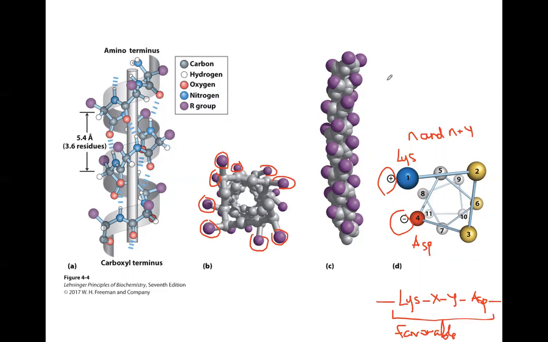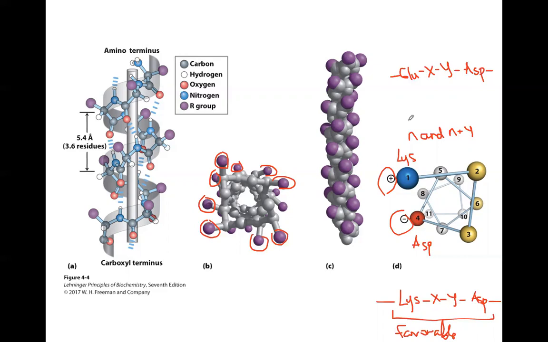Now, what about something like this? Glutamate, X, Y, aspartate. Will this contribute to a stable alpha helix? No. Yes.